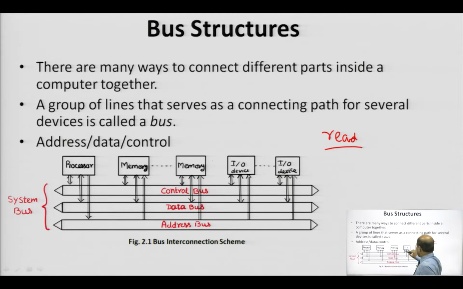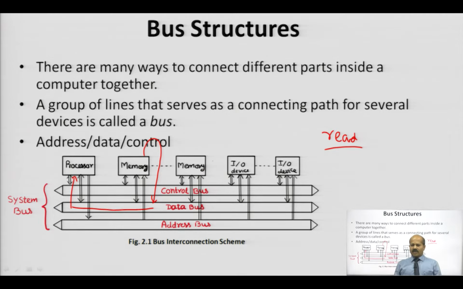And after that, the fetch operation will be performed. The data will be transferred through the data bus, meaning fetching the content from a particular location and transferring the data through the data bus, and from the data bus to the processor this data is transferred this way.